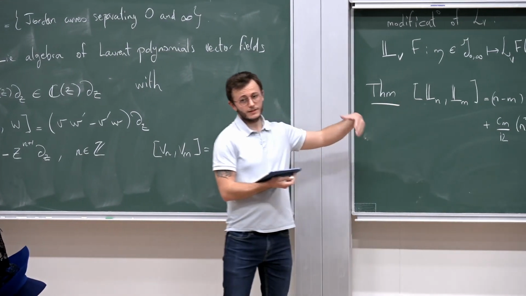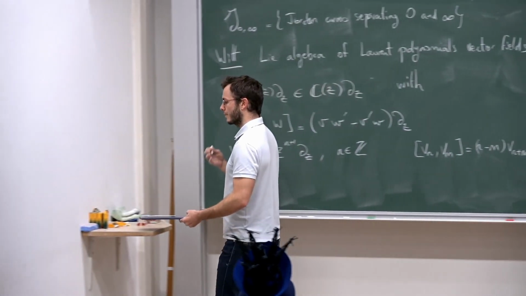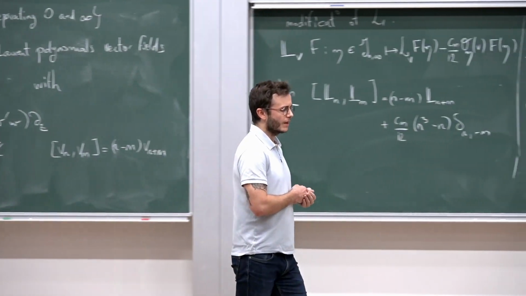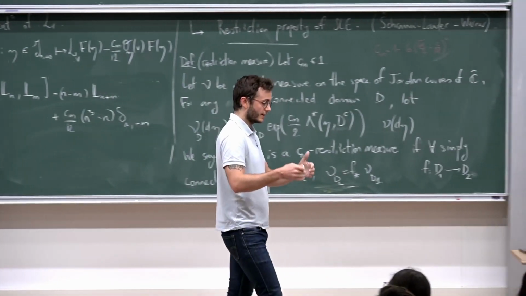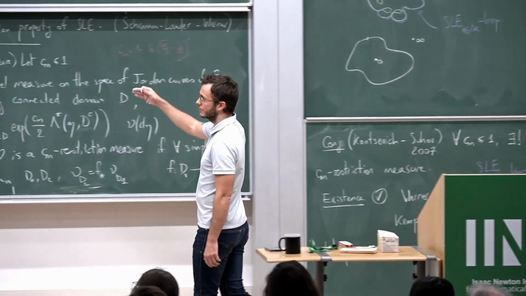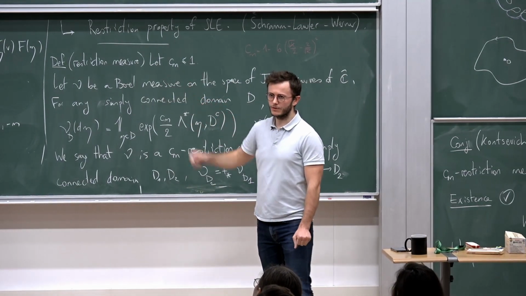So this is saying that it is a representation of the Virasoro algebra. Again, you don't need to know really what this means, but it will be a very powerful tool. These operators have a lot of structure, and we'll be able to do many things with them.